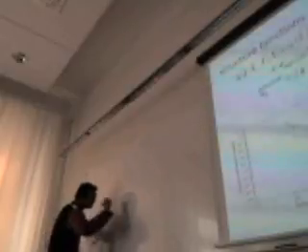The second order structure function typically has a plot like this. As a function of r in the log scale, it first shows this is the inertial range or the scaling range.